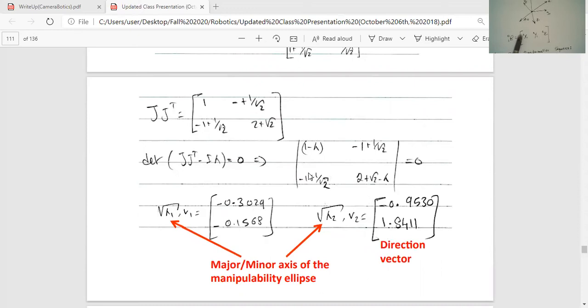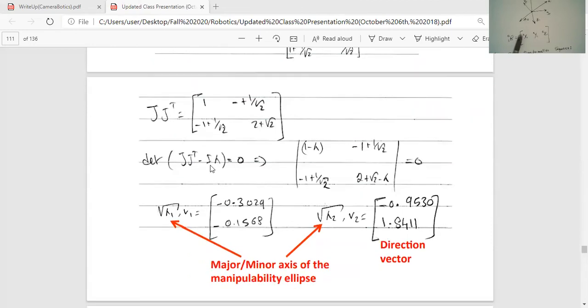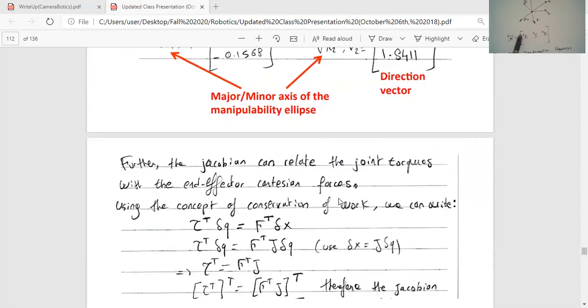And then once you solve for lambda, you replace it here in the initial equation, and then you can find the eigenvector of that. You can use Matlab, and for our exam, I'll let you guys use Matlab to be able to find the eigenvectors and eigenvalues.